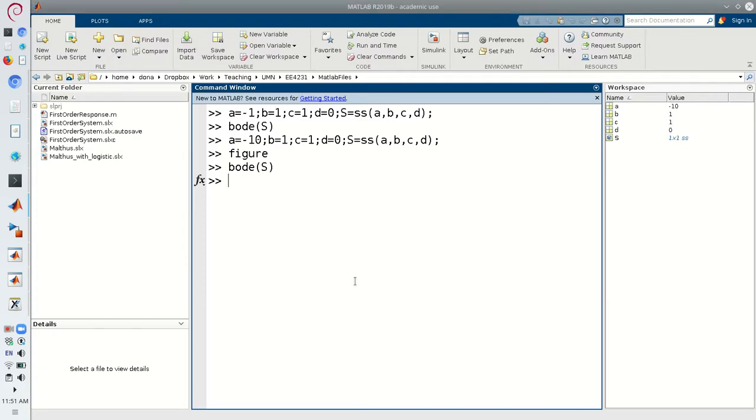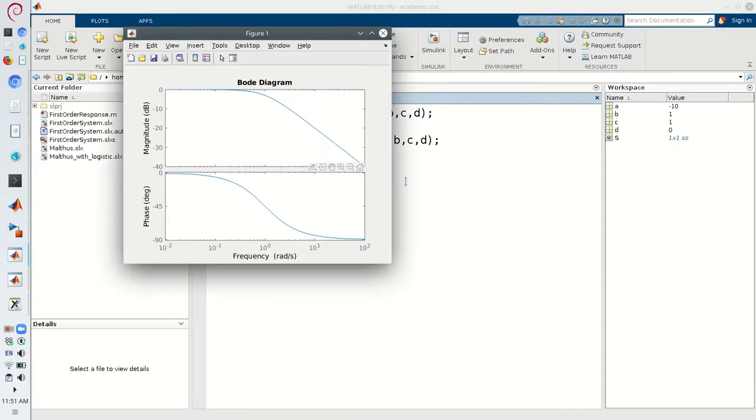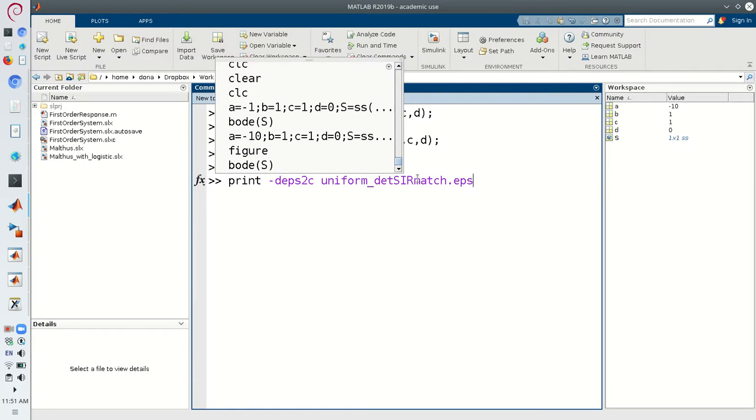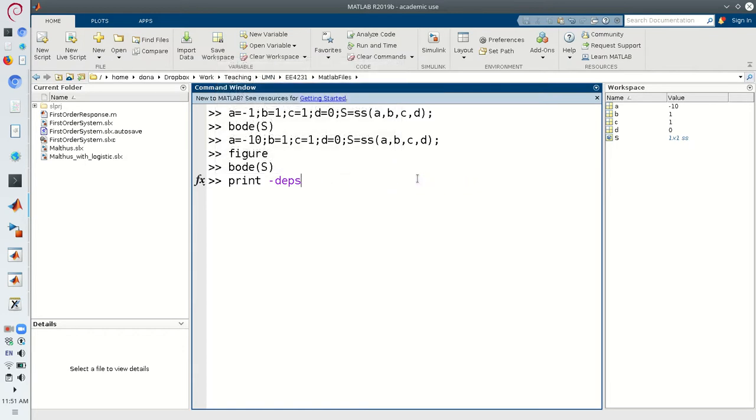So let's try to summarize this in this way. Let me take this figure here. This is my current figure. Let me print this as a PDF file, that should work.